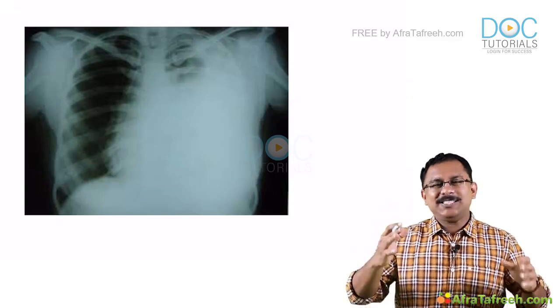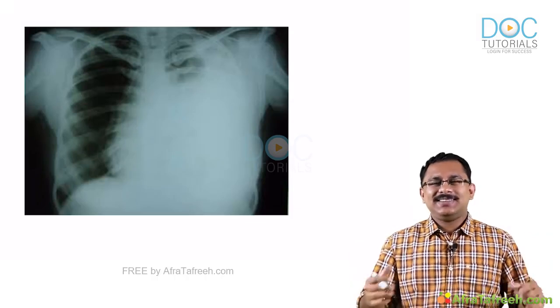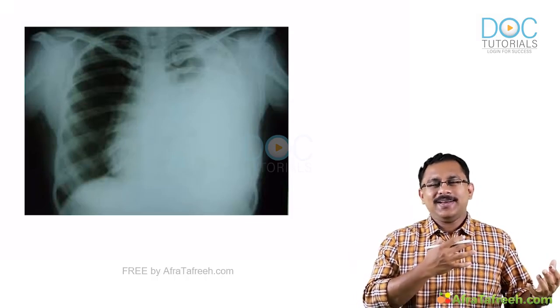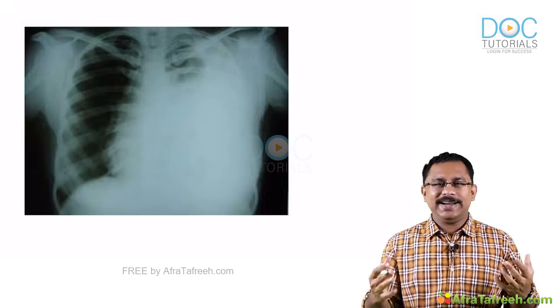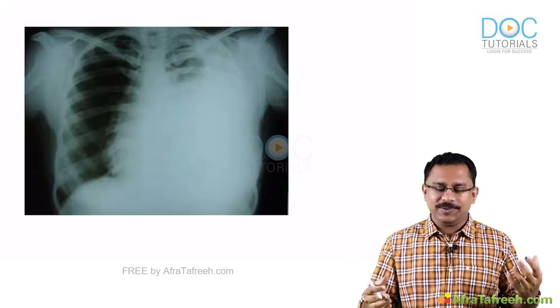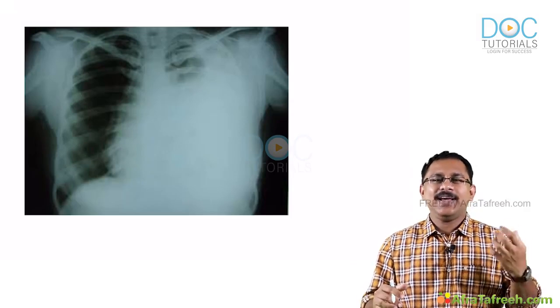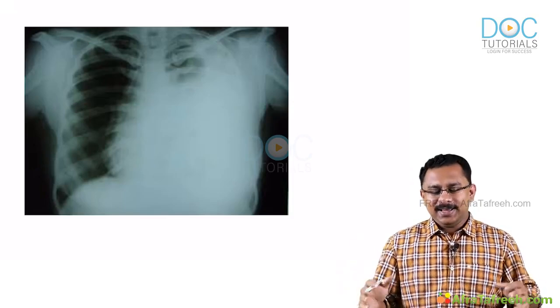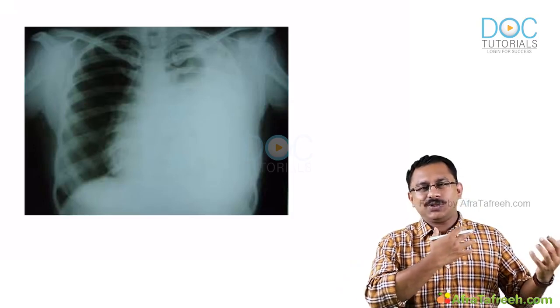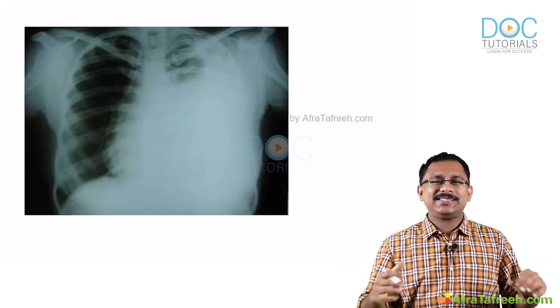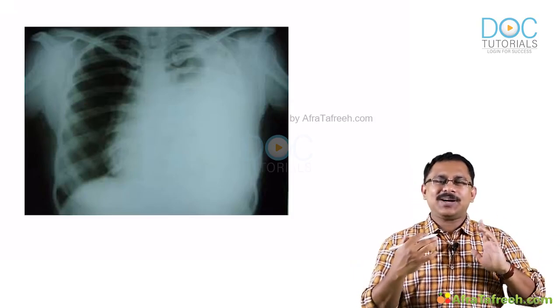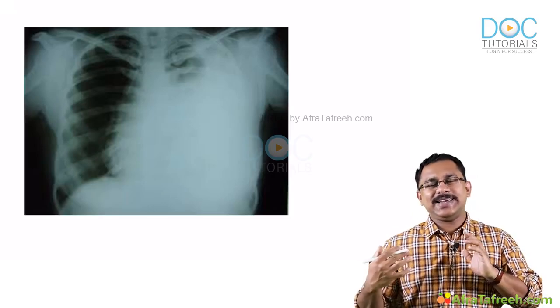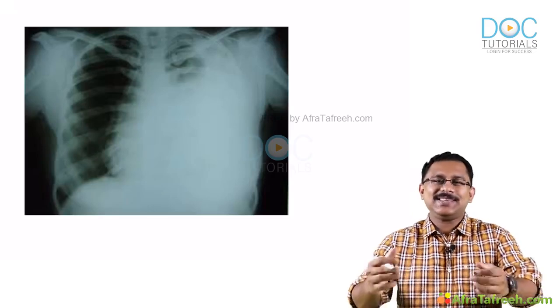And when such a massive effusion happens, when you lie on the opposite side, suppose there is a left-sided massive effusion, as in this case, when the patient lies to the right side, the fluid would sometimes shift towards the medial side, and there can be some compression of the mediastinal structures, and it can actually increase the breathlessness.